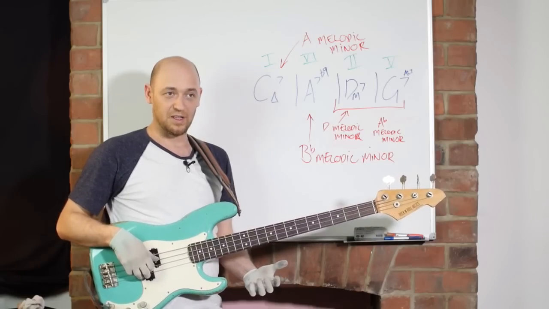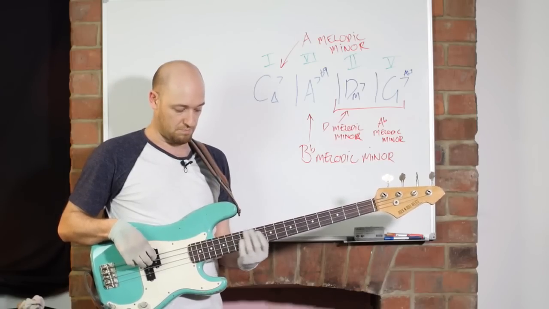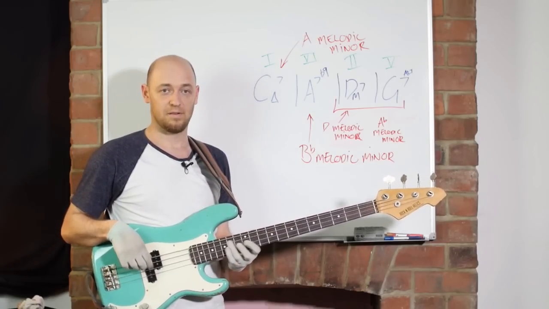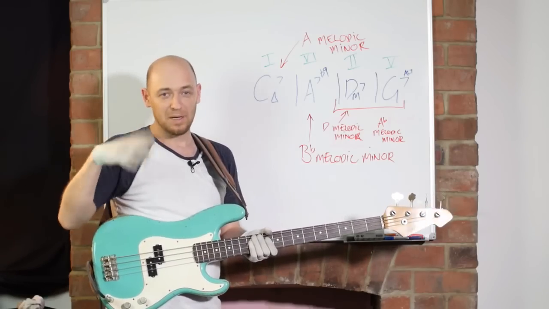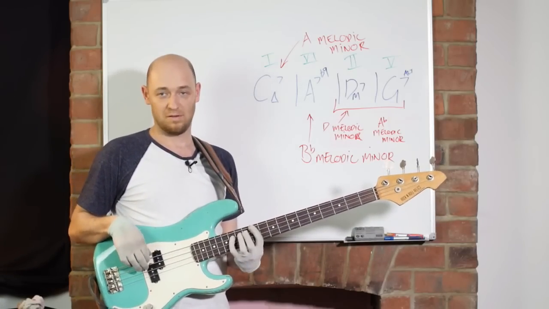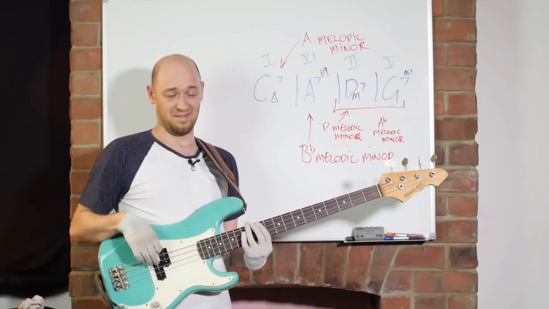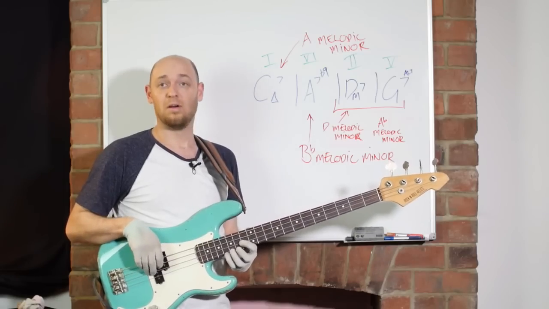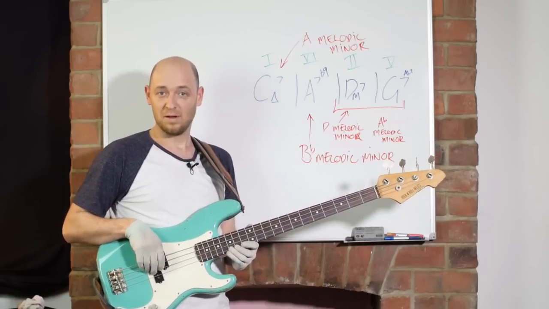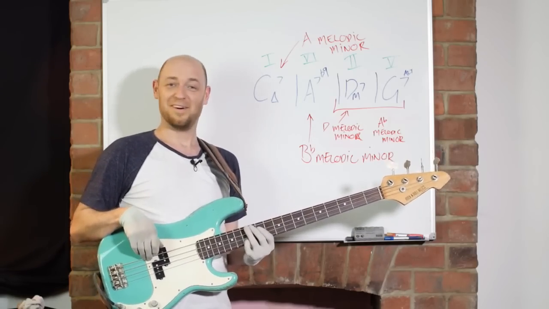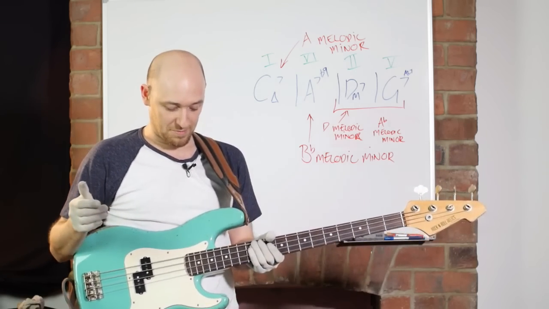Now the cool thing is, you can take a phrase such as, let's do it on the G7. You can take that phrase and you can play the exact same phrase but alter the timing of it. So instead of, it could be, or I'm just mixing it up, and you should do that, practice doing it over the chord sequence.